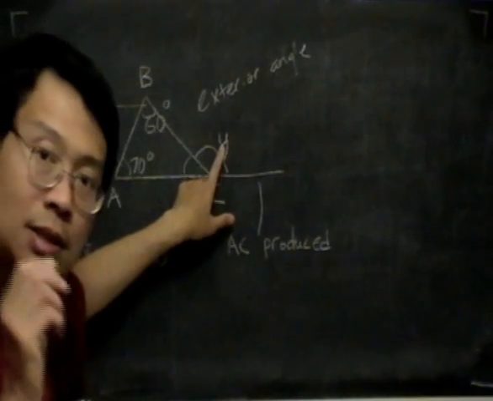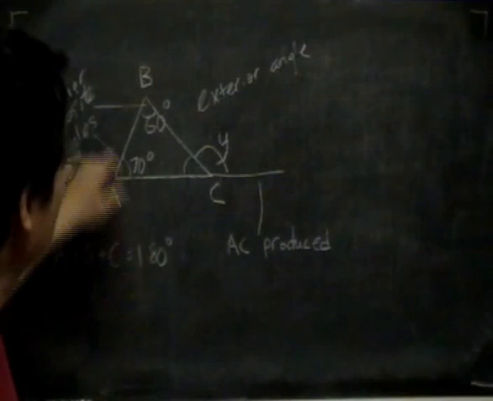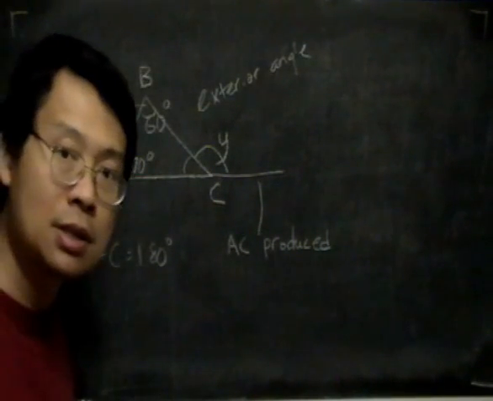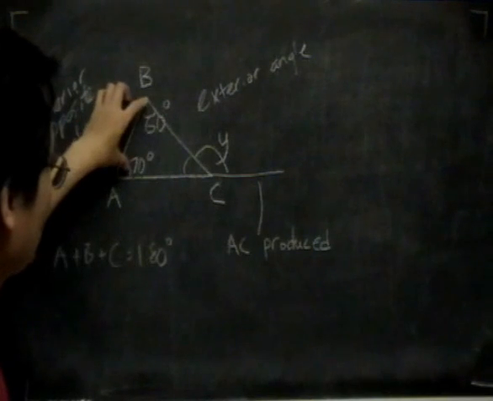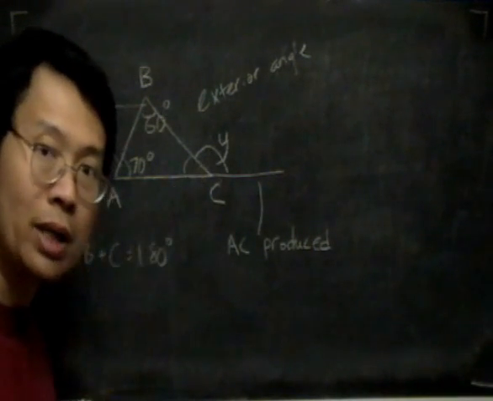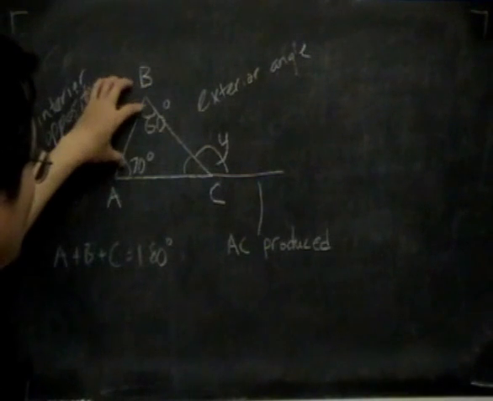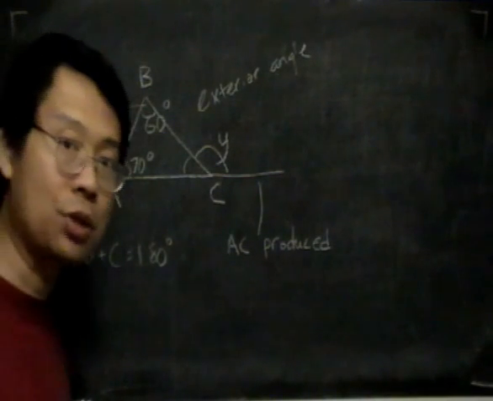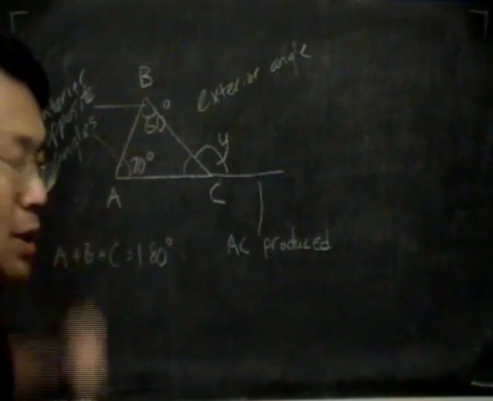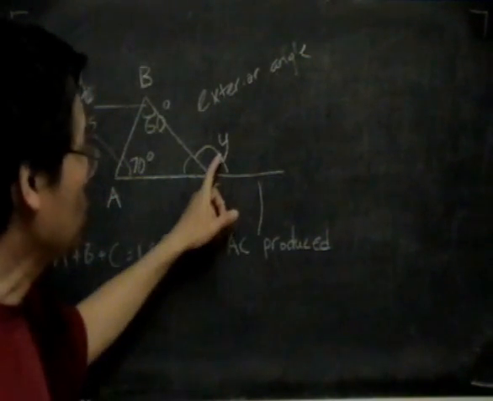Y is the exterior angle. The 70 and the 60 degree, these two angles are both opposite to the y. Okay, and they are on the interior of the triangle. So therefore, the sum of 70 and 60 must be equal to y.